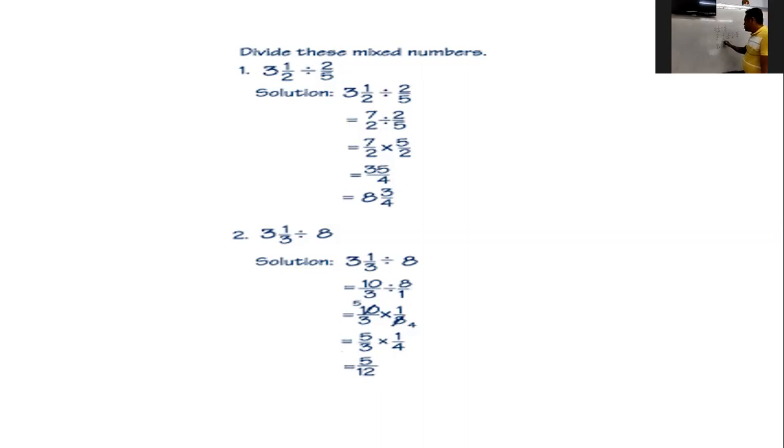So this, you just divide it. 35 divided by 4. How many? 8. 8 times 4 is 32. 35 minus 32, you have 3. So this 3 is here, and this one is there. That's your final answer.